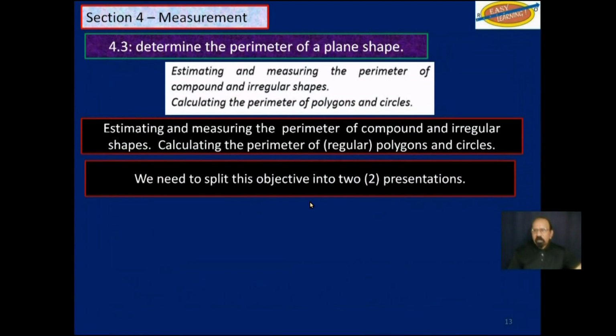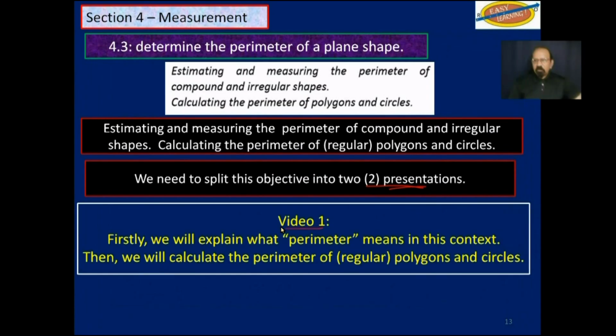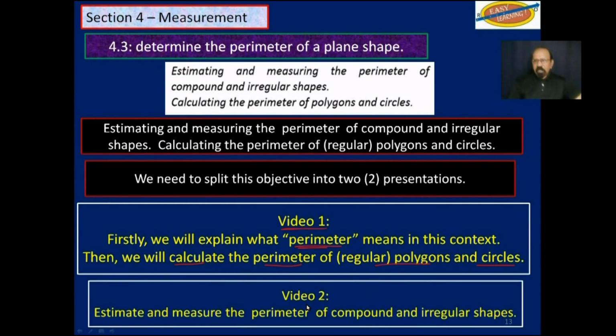So we need to split this objective into 2 presentations, 2 videos. In video 1, we will deal with what we mean by perimeter, and then we will learn how to calculate the perimeter of regular polygons and circles. And then in video 2, we will estimate and measure the perimeter of compound and irregular shapes.